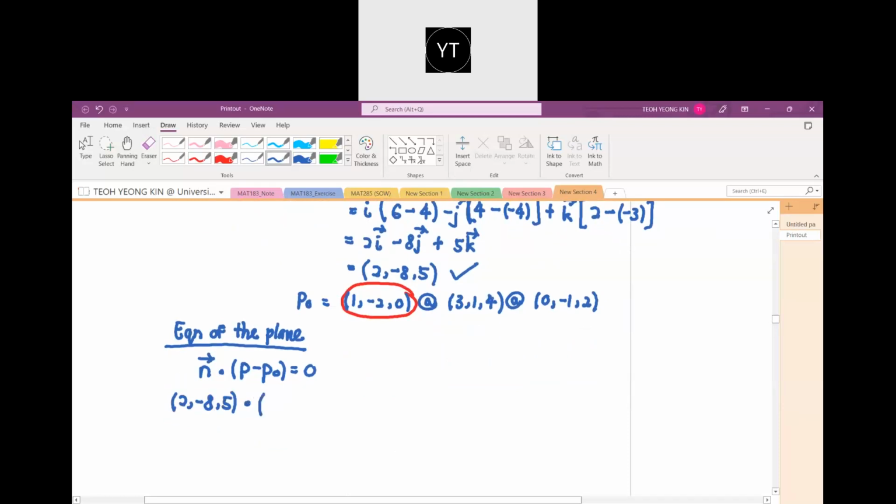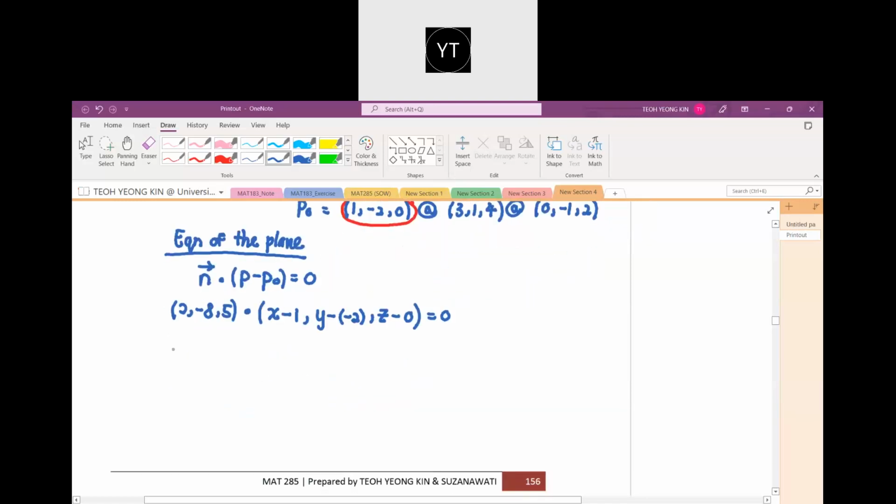Dot product with P, which is x, y, z. So x minus 1, y minus negative 2, and z minus 0, equals 0. So here, 2 times x minus 1, minus 8 times y plus 2, and then plus 5 times z equals 0.